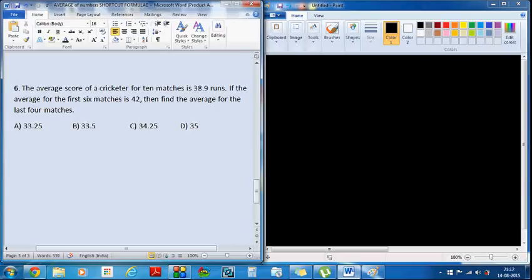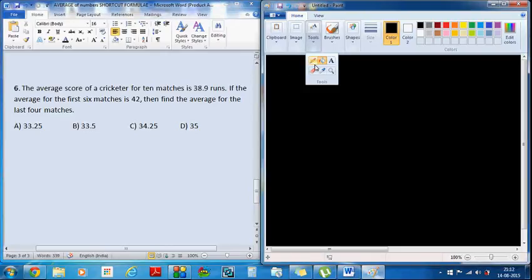So the total score of the cricketer will be 10 into 38.9, meaning average into number of matches. So 38.9 into 10 will be 389.